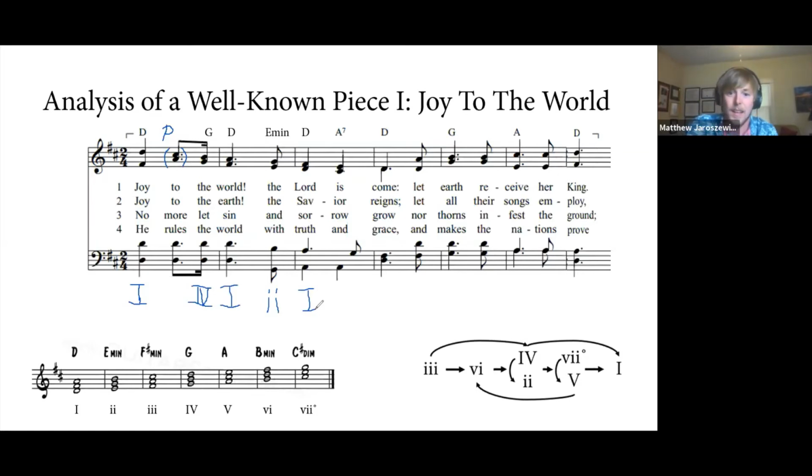So what do we have here at the end of this phrase? Let's try that again. 5, 7, back to 1. And in this case, this segment of the music right here is our authentic cadence.